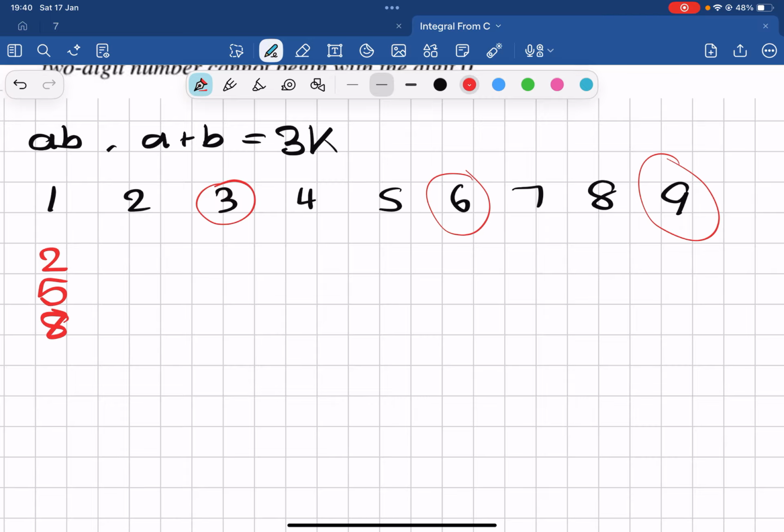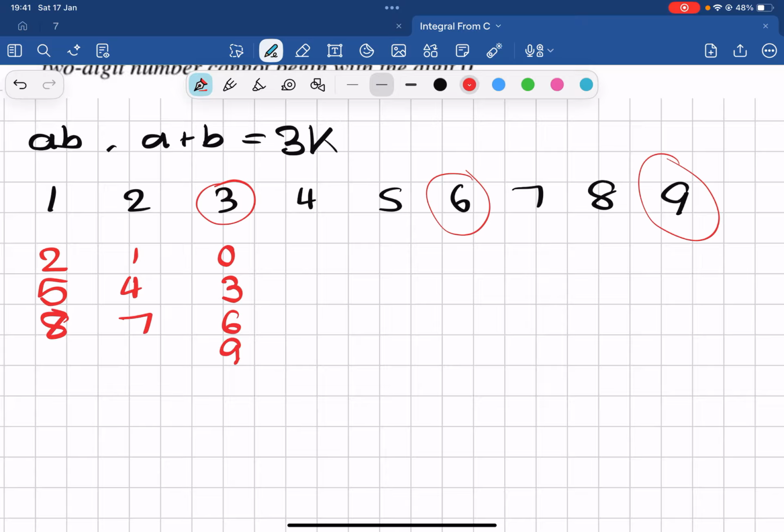Now 2. Well, 2 plus 1 equals 3, 2 plus 4 equals 6, and 2 plus 7 equals 9. That's fine. Now with 3, the first two-digit number starting with 3 is 30, then 33, 36, 39.